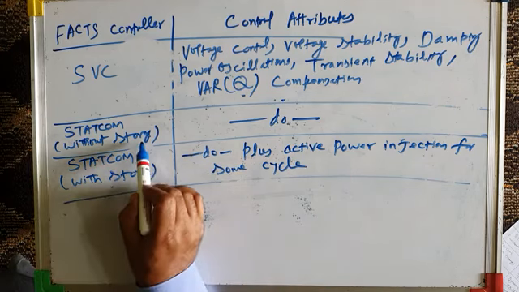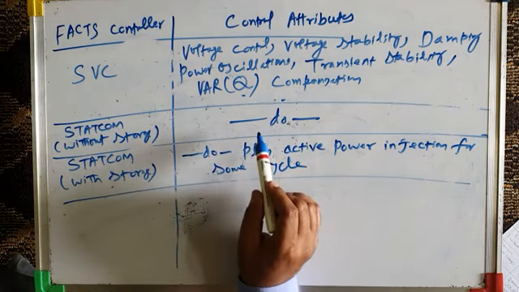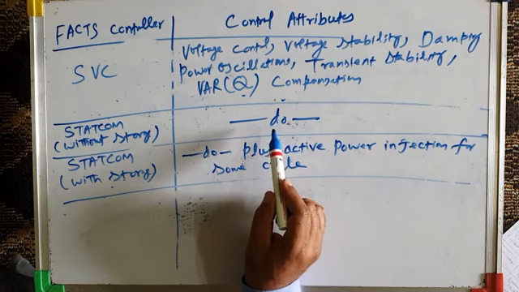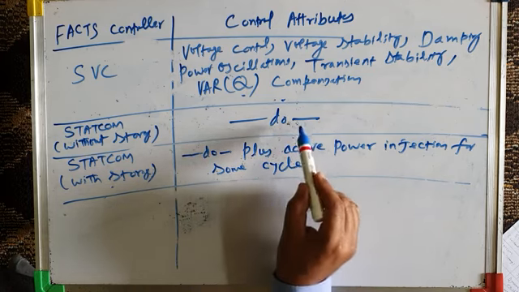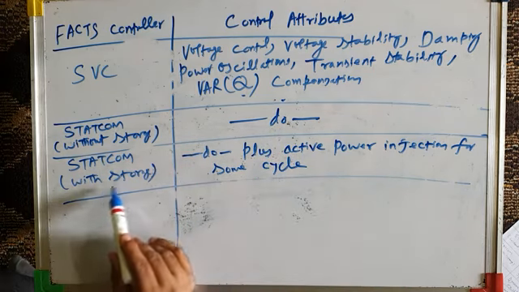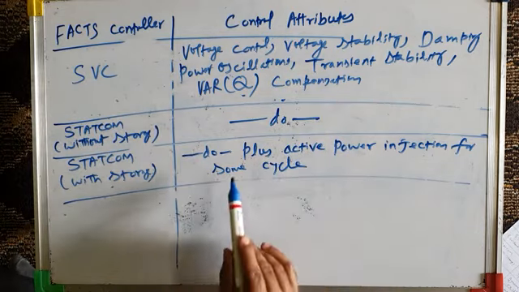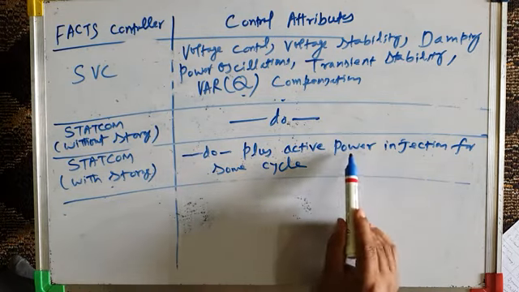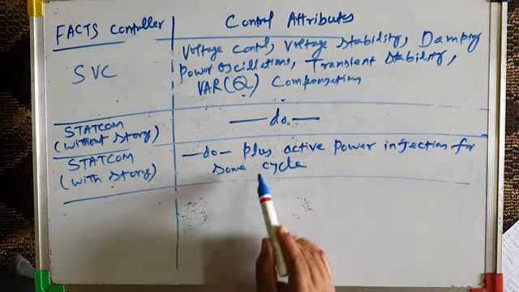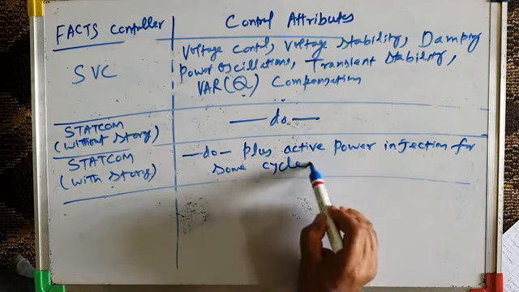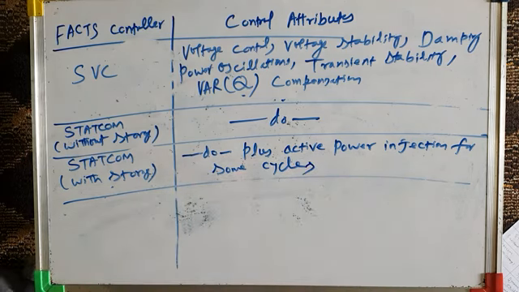STATCOM without storage has all these control attributes, but it cannot supply active power. But STATCOM with storage has all these control attributes, plus it can inject active power for a few cycles. Okay, so that is this.